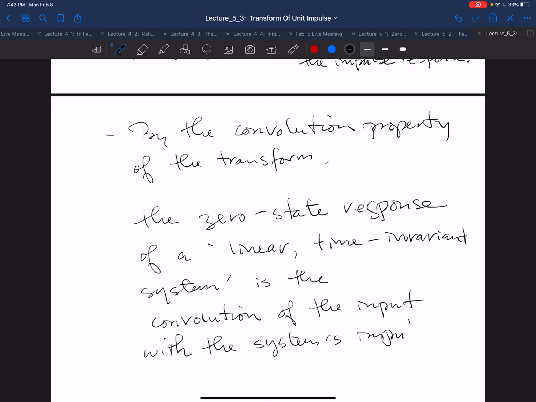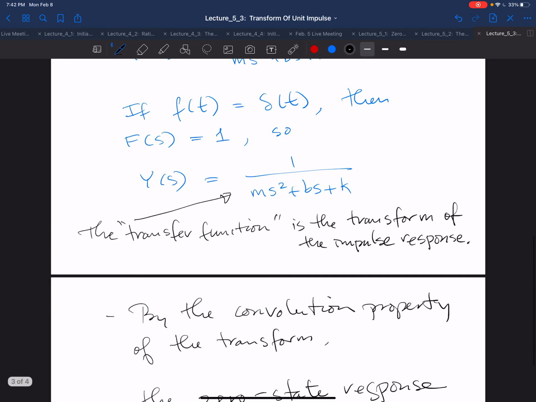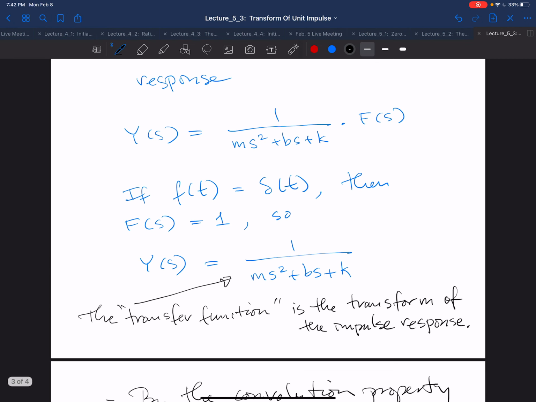This is a very fundamental result on these so-called linear time invariant systems, which are the ones we're going to be studying. It follows from the fact that the transform of the unit impulse is 1, and from the fact that the transform of the zero state response is the product of the transfer function and the transform of the input.